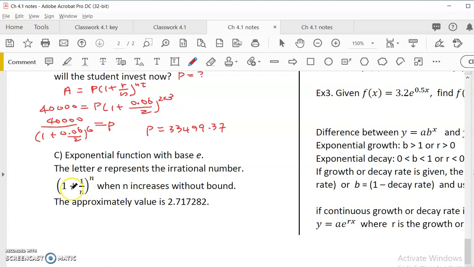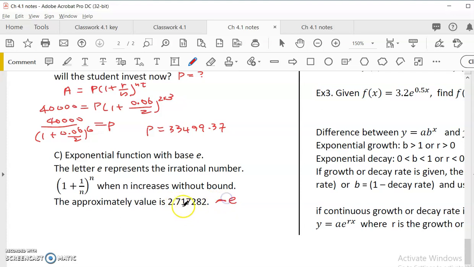So if I do 1 plus r over n, where n is like 1 million, so that I grow very, very fast and get the interest in less than 1 second. So when n increases without bound, you can put into the calculator 1 plus 1 over 1 million, to the million power, and the value would approximate a number called e.